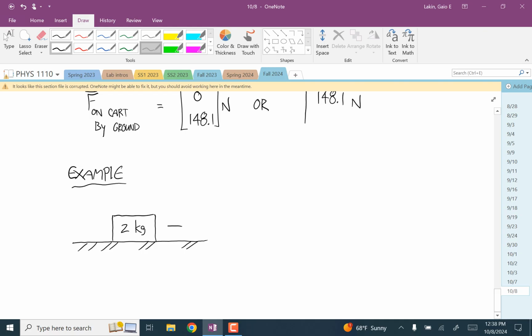And let's say there's a horizontal force of 5 newtons, and a force pushing down of 1 newton. And let's say that the direction of motion is this way. And the coefficient of friction is 0.1.